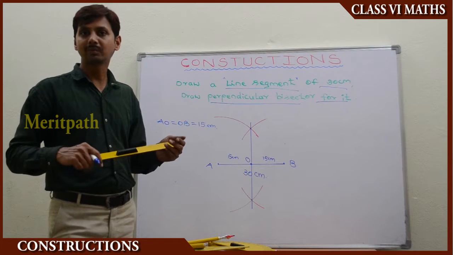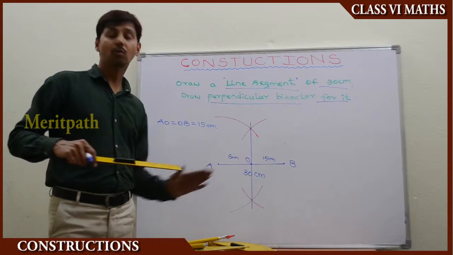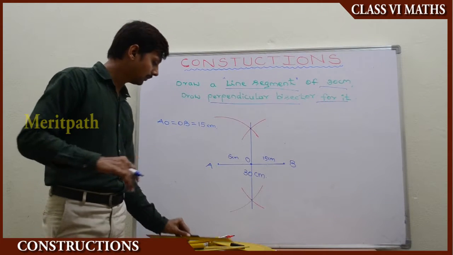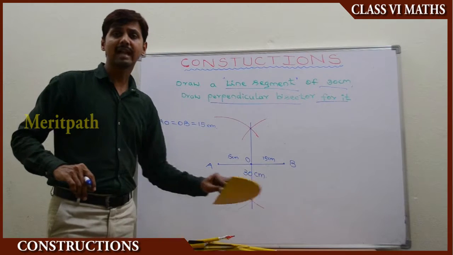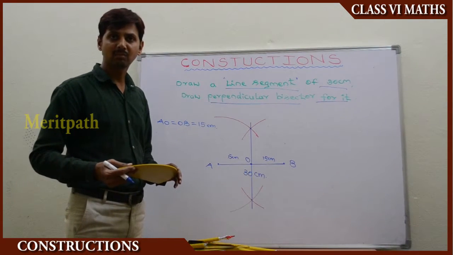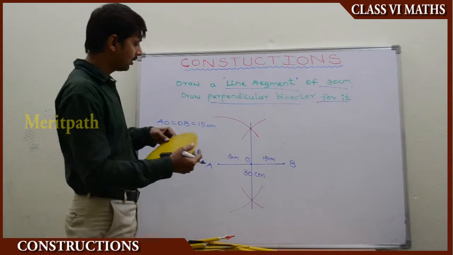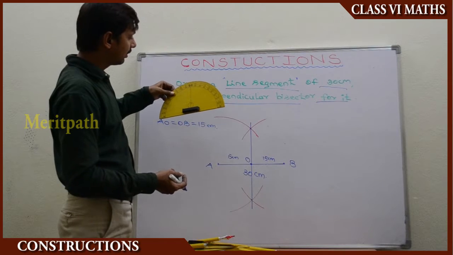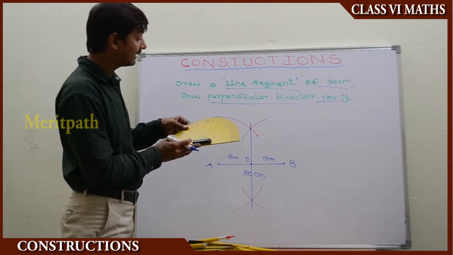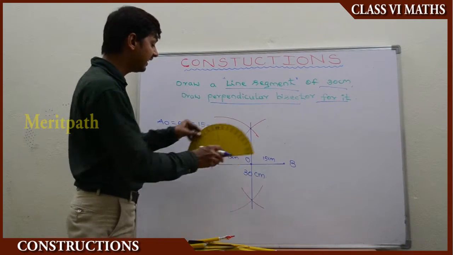And what is meant by perpendicular bisector is that it makes 90 degrees with the base AB, the line segment which is divided. So let's find out the angle made by this perpendicular bisector with the line segment AB. The initial point is O, and we keep it on the initial point O on the line segment.